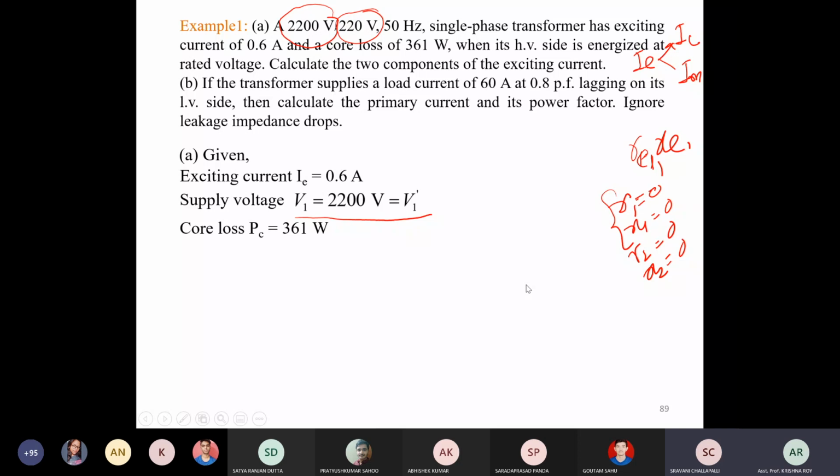Core loss is given, PC equals 361 watt. So how can we calculate this core loss current IC? The core loss component of exciting current IC can be calculated using this formula: IC equals PC by V1 dash. Here V1 dash is equal to V1. So calculate IC: 361 divided by 2200 volt.